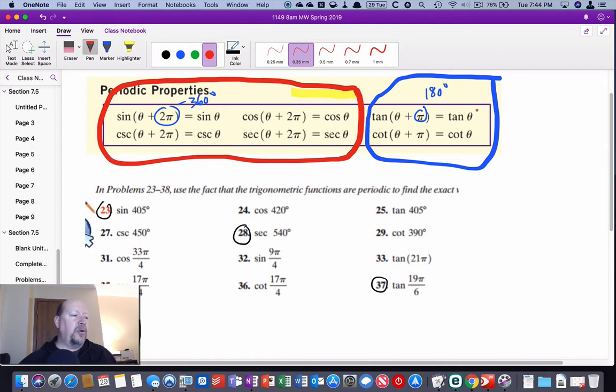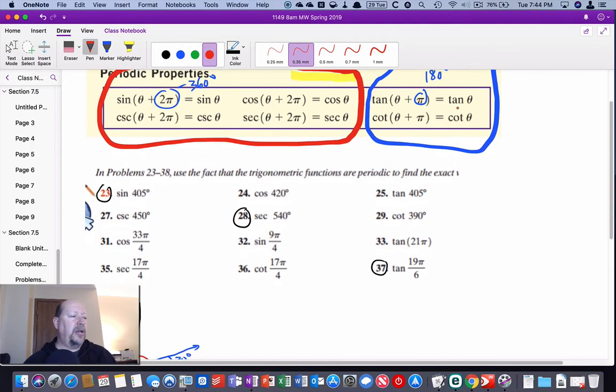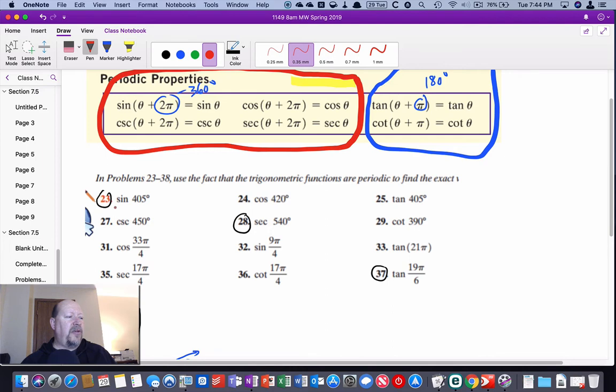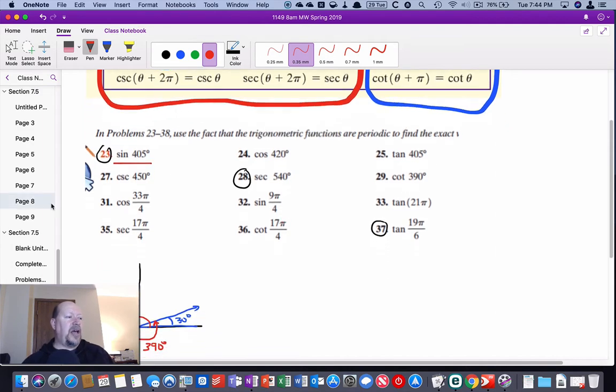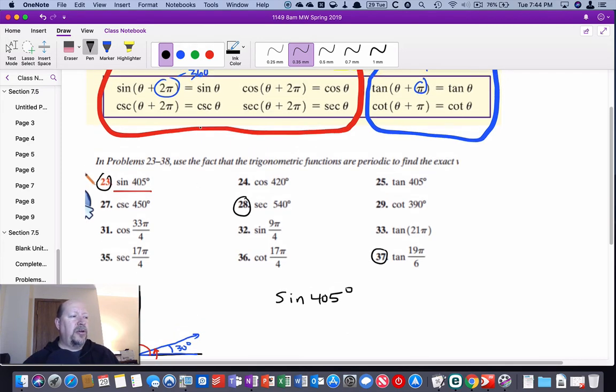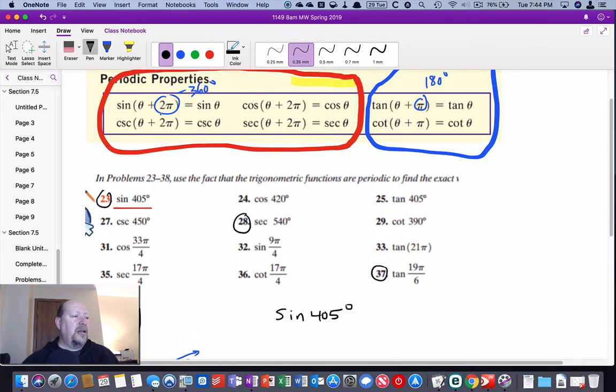So let me explain how this works. For example, number 23 here, they want us to find the sine of 405 degrees, the exact value without using a calculator. So let's take the sine of 405. Now, we're in degrees, so our chart says the sine of theta plus 360, or 2 pi.